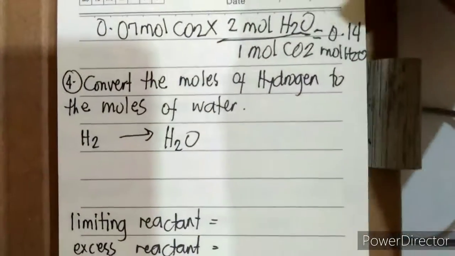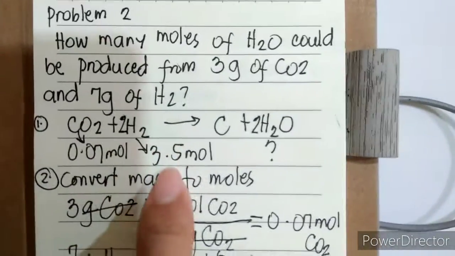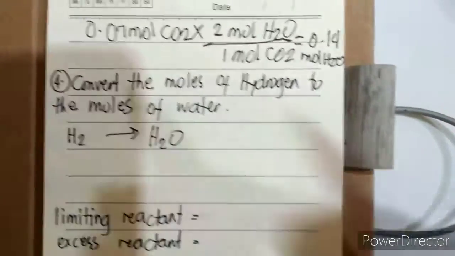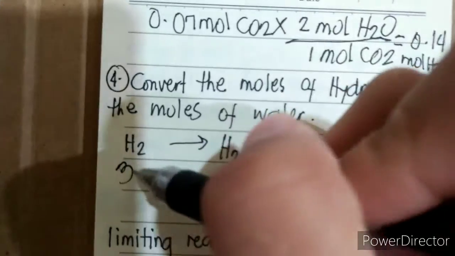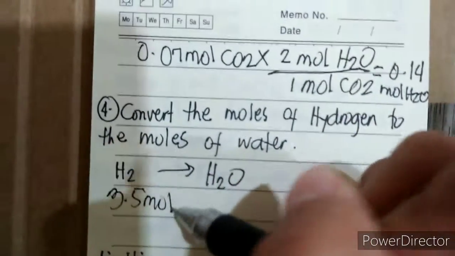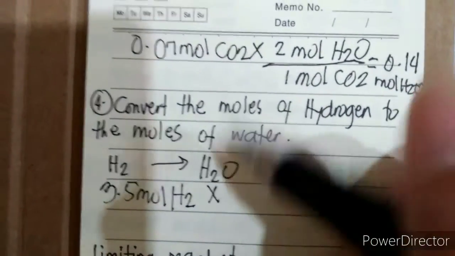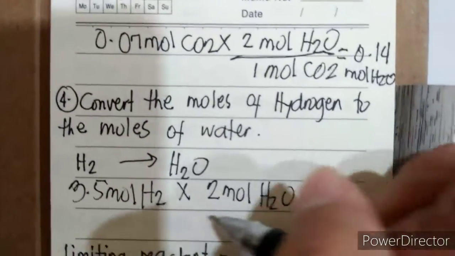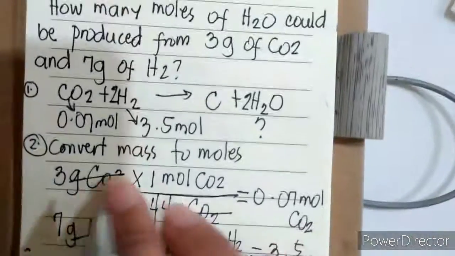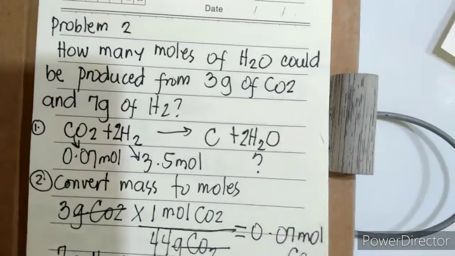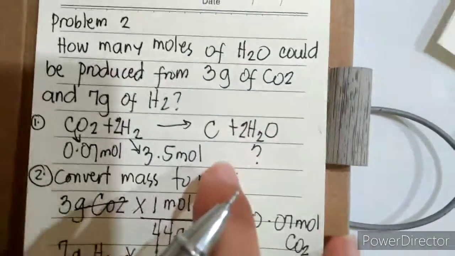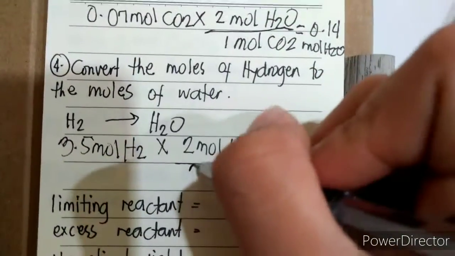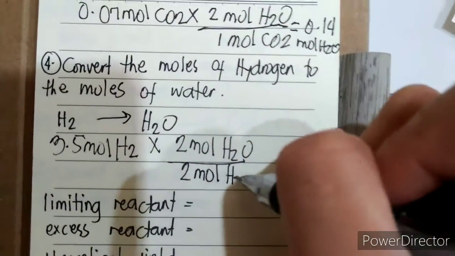So H2 to H2O. So we have 3.5 moles of H2. And we need to put here 3.5 moles of H2 times 2 moles of H2O over 2 moles of H2.